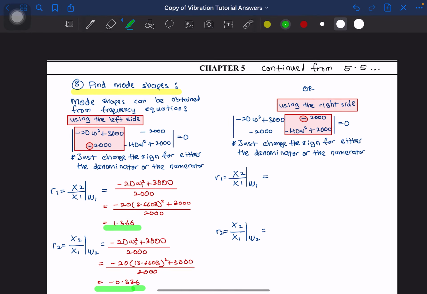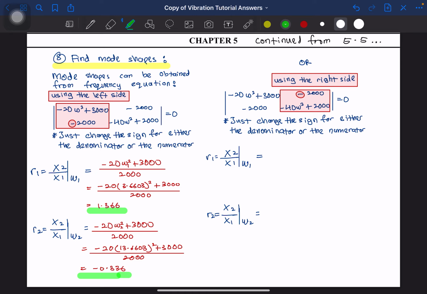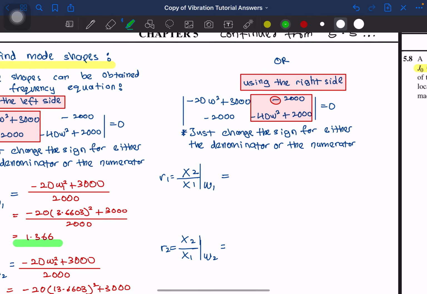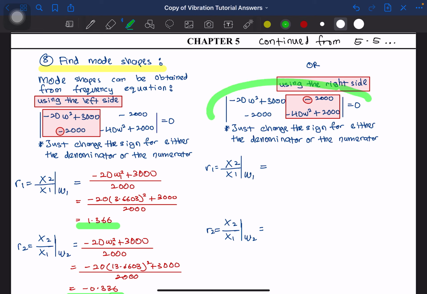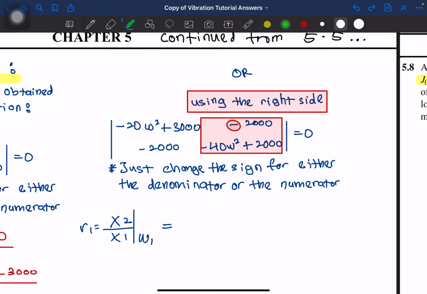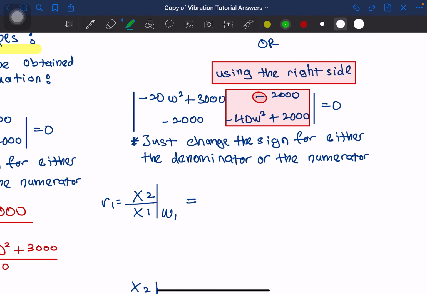Very direct. Also, you need to know that you can use the right side. This is the same frequency equation just now. Or you can use the right side: 2000 over negative 40. Just like just now, change one sign, either the denominator or the numerator.